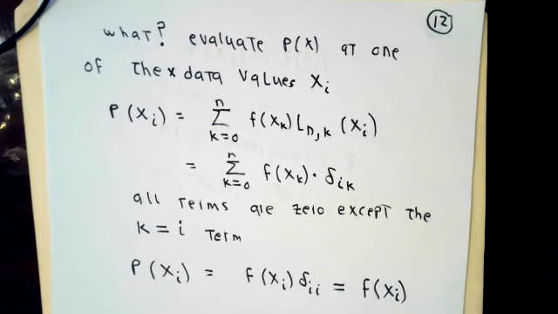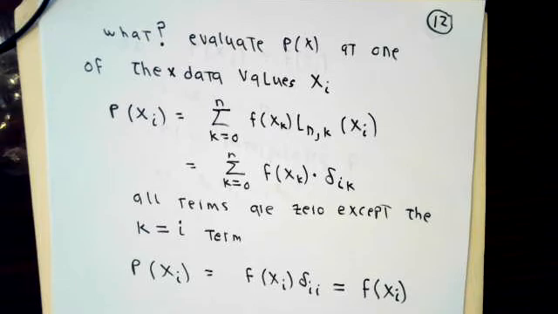The polynomial p has the property that when I stick x number i into it, where x number i is one of the x's from my data set, what comes out is the correct function value, f at x number i.